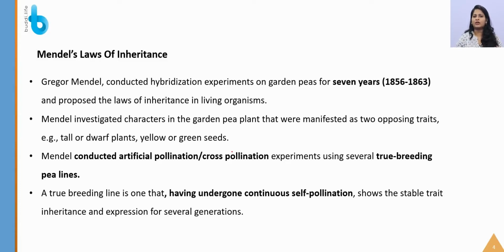For example, tall plants undergoing self-pollination for several generations: do you think there will be any variation? No, it would have that trait as a stable one. It would have passed on that stable tall trait throughout many generations.